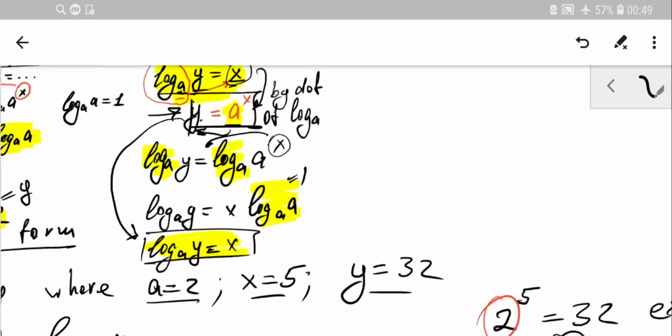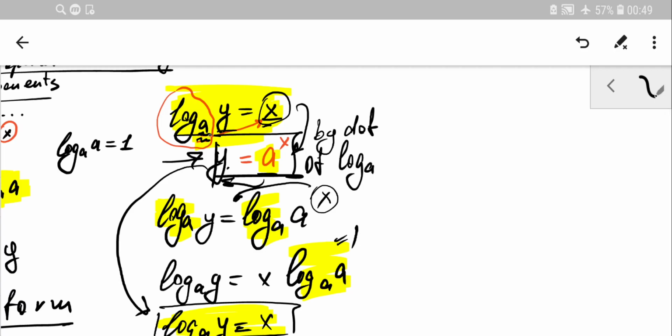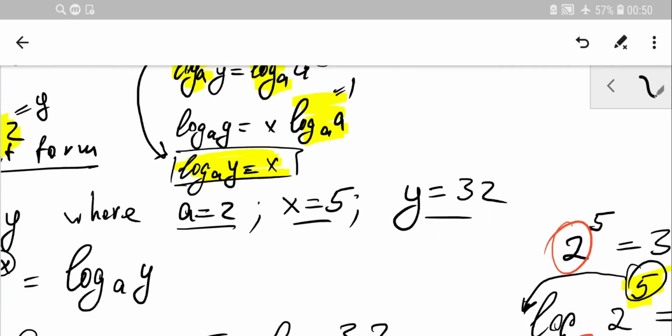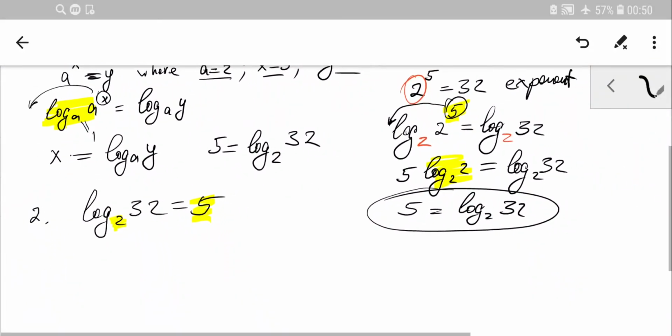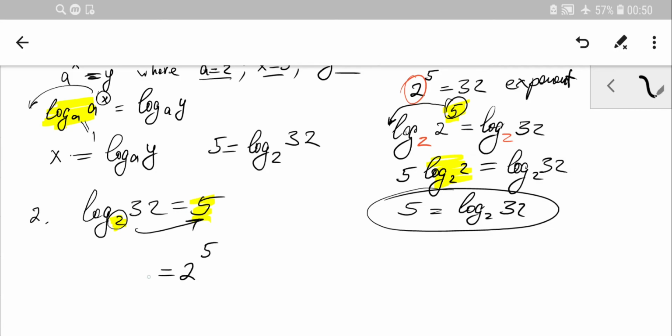So you simply need to do the following. Take a raised to the power of x, and that is how you get y. In other words, you take 2 raised to the power of 5, and that's how you get the number 32. So now it's very quick and fast. That's your exponent form. That's how it works.